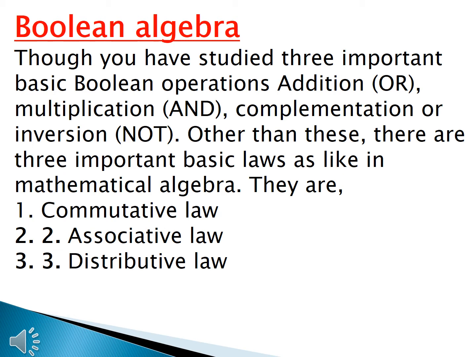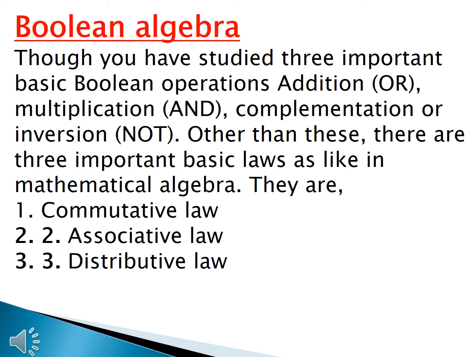Now the output becomes A plus B. Similarly, if we apply inputs B and A to the OR gate, then the output is B plus A. This output is equal to this output.